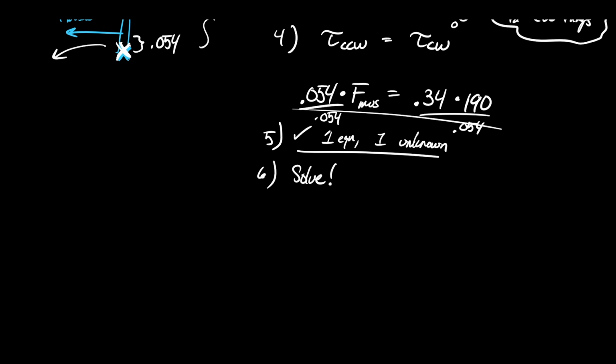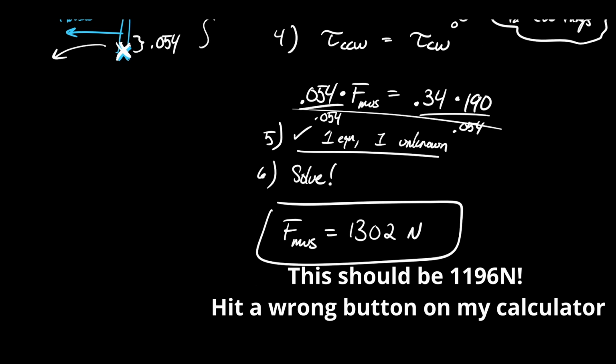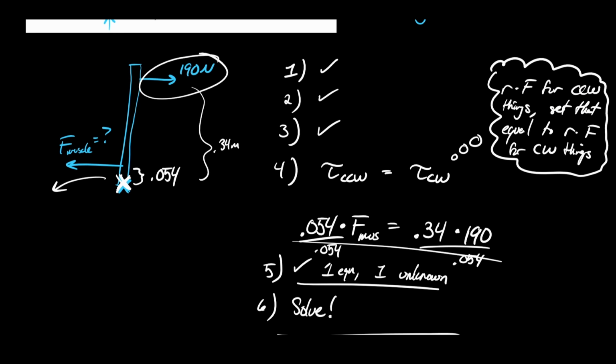We have 0.34 times 190 divided by 0.054. And this gives us F muscle equals 1302 newtons. Great. See how little work that problem was once we actually boiled down the steps to what you do in practice? Awesome.